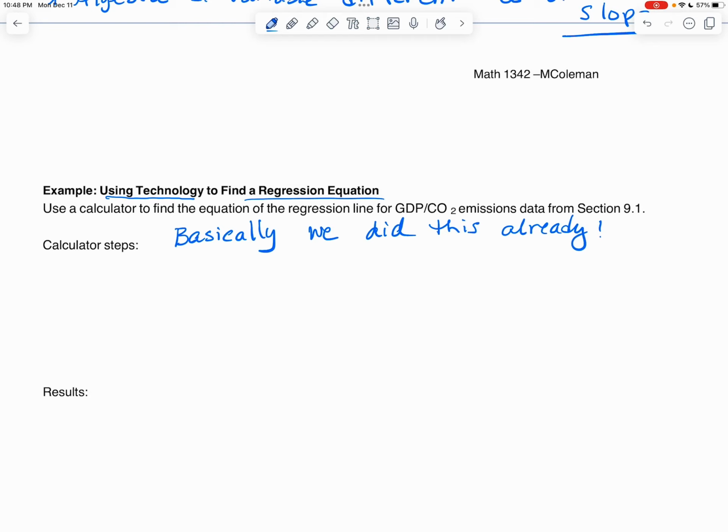But when we do this Calculate, number 4 linear regression, this gives us both the line of best fit and the R value, the correlation coefficient.